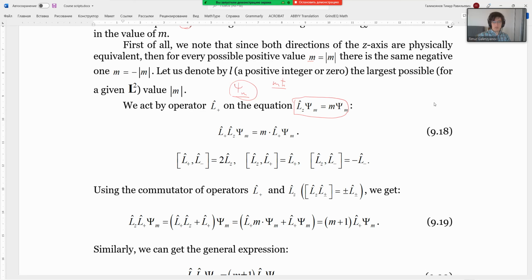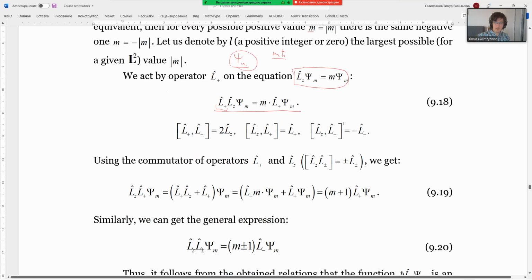Let's act by the operator L plus on both sides of this equation. We get the following equation. However, let's use this commutator relationship and expand it.